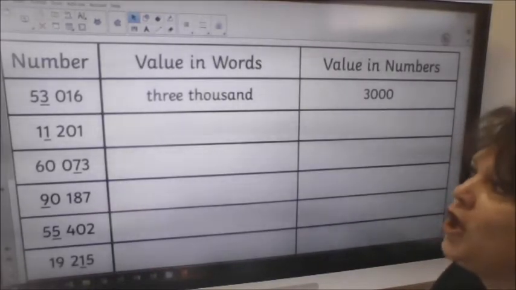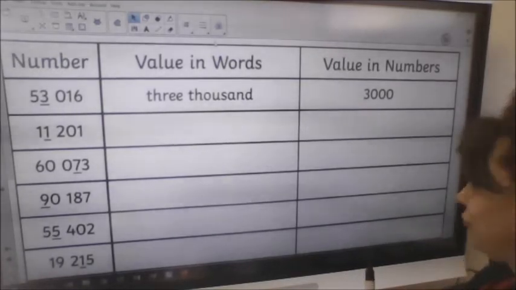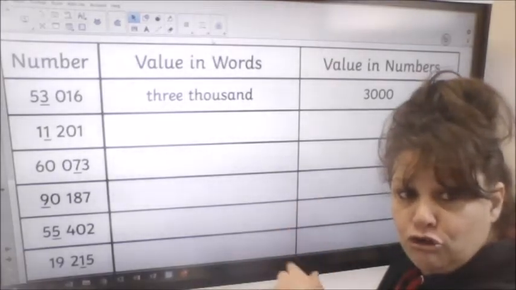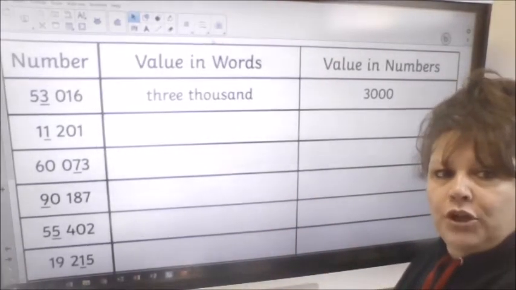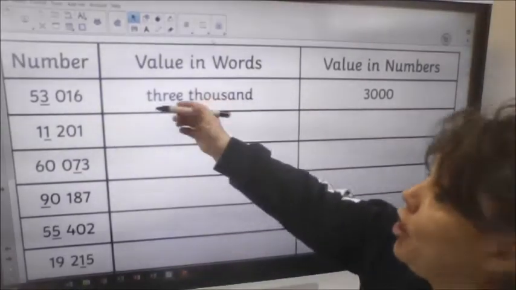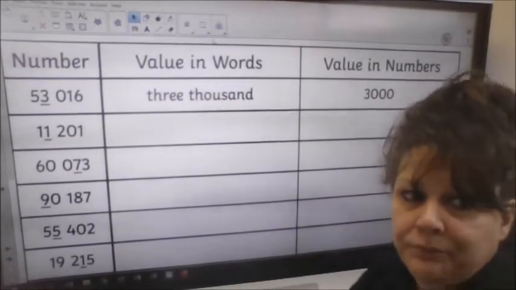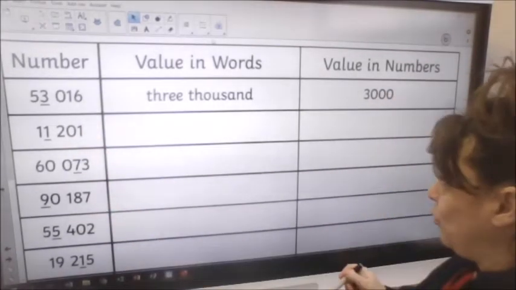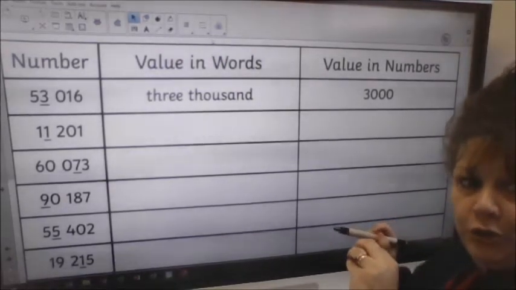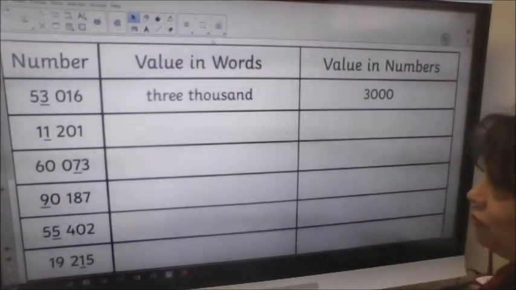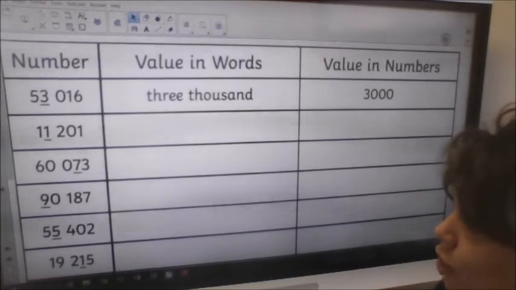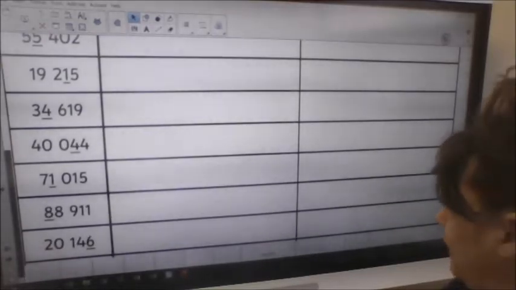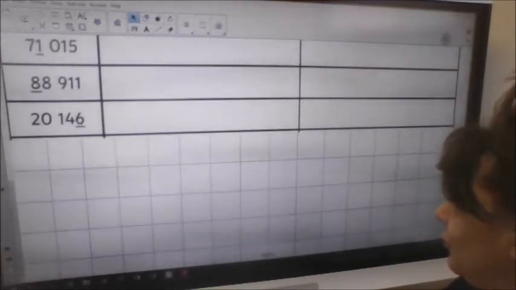So let's have a look at what I'd like you to do. I've got a little grid on here that underneath your multiplication grid, you're going to just draw out for me. The number's been written for you, and there's a digit in the number that's underlined. What I suggest you do on your page is, you're not going to do all of these, don't worry, just the ones we can see on the one.